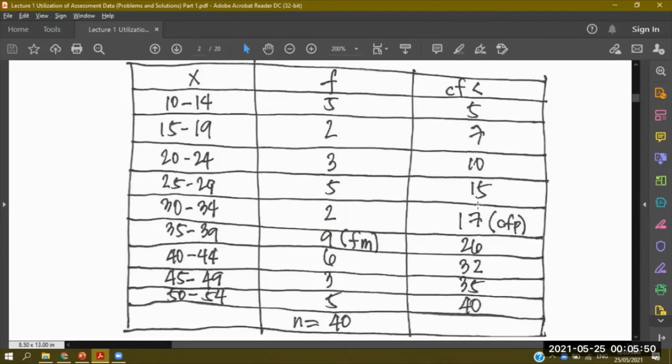So meaning to say, after sa CF na part, if we're going to look at the CF na part and then the equivalent frequency that is 2, the next of that should be the frequency of our median class. Okay. So ang frequency sa median class, FM is 9. So kung titingnan natin yung frequency, saan ba nakatutok yung 9? Sa 35 to 39.